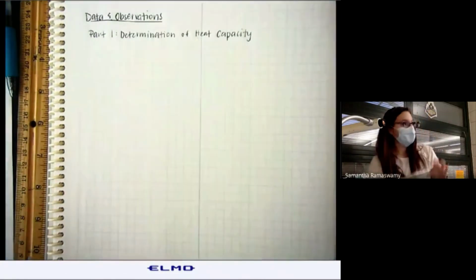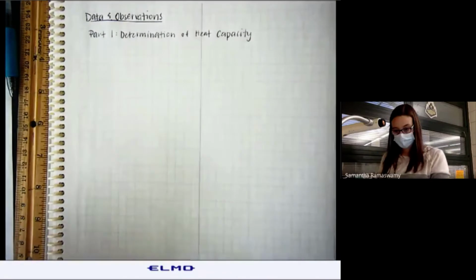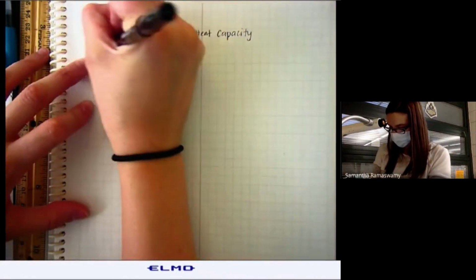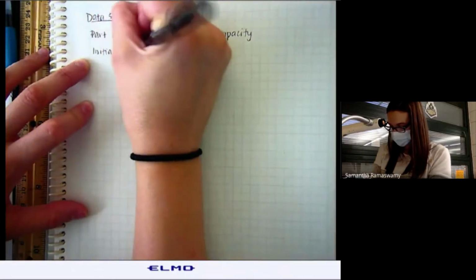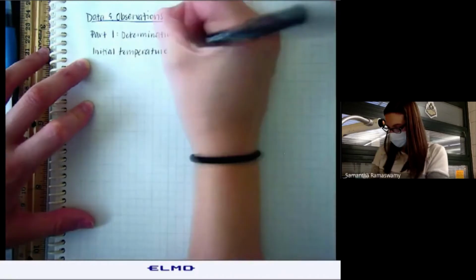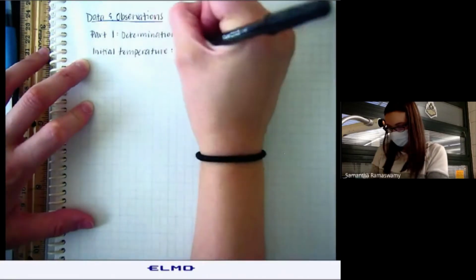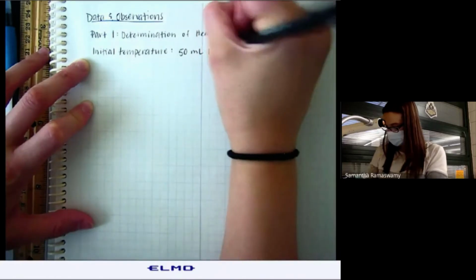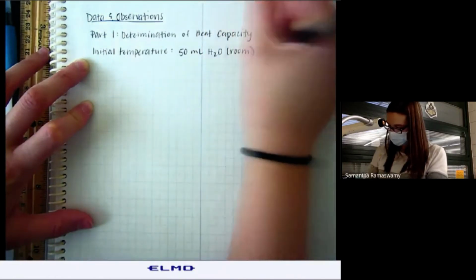We are just going to transfer what we see over. So the first thing is initial temperature. And then we have 50 milliliters H2O at room temp.